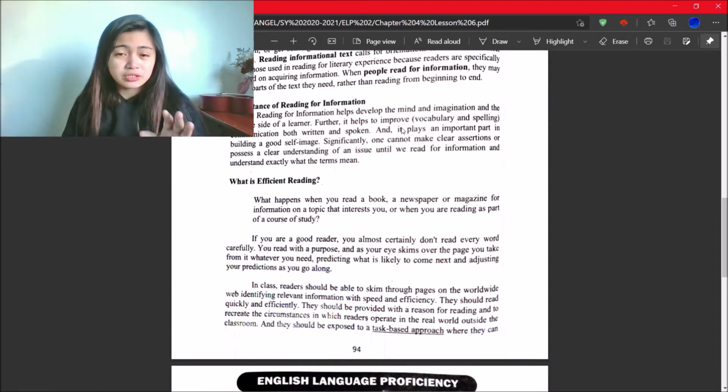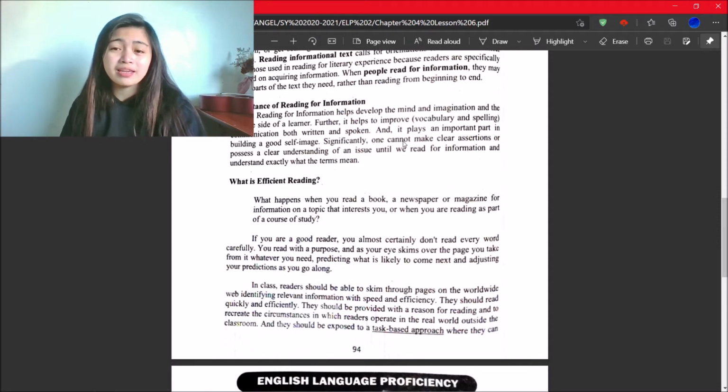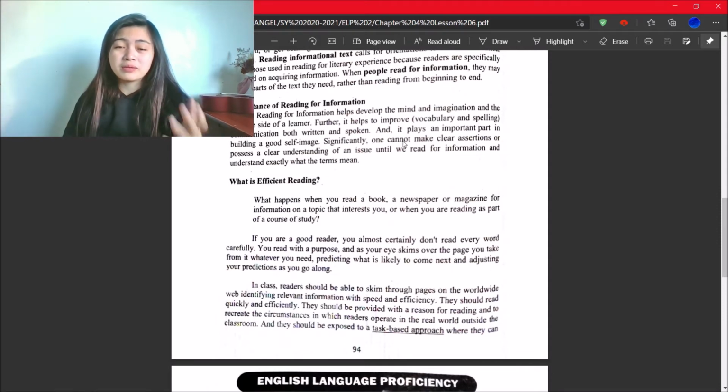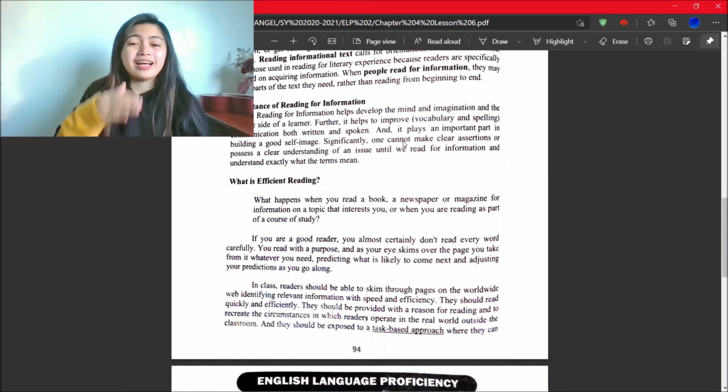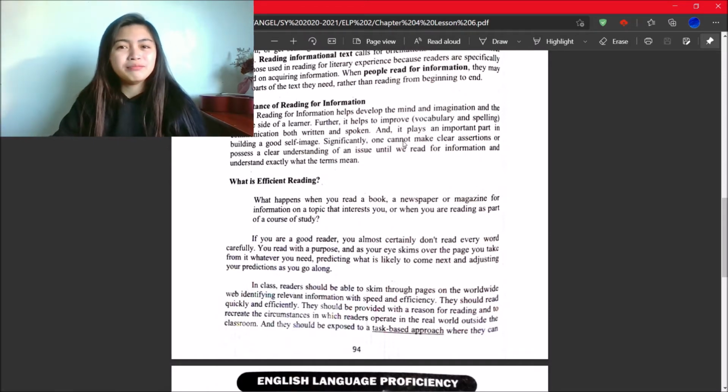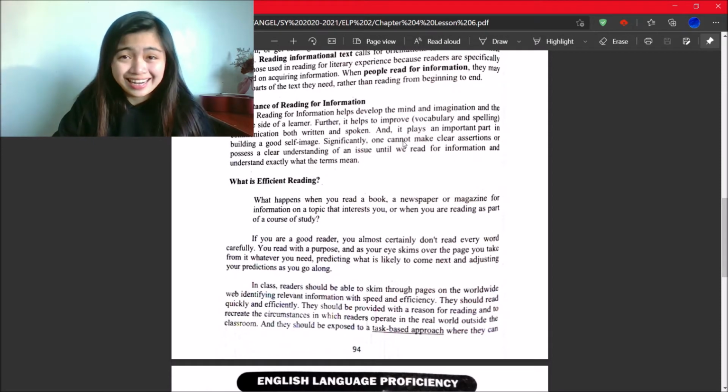Balik tayo doon. So, significantly, one cannot make clear assertions or possess a clear understanding of an issue until we read for information and understand exactly what the terms mean. So, without the dictionary, we cannot really survive in this very fast-paced environment.